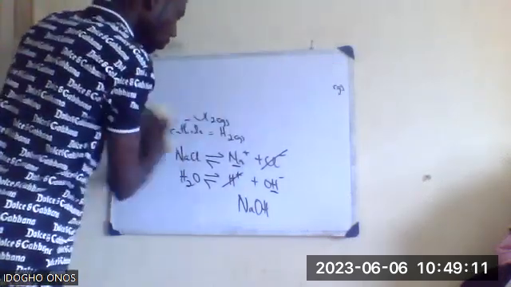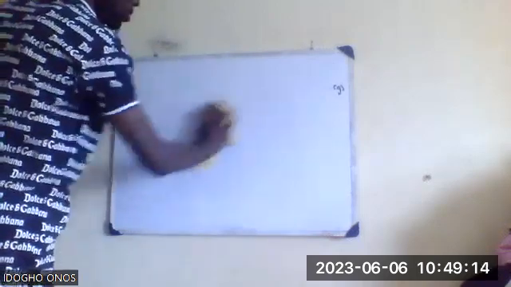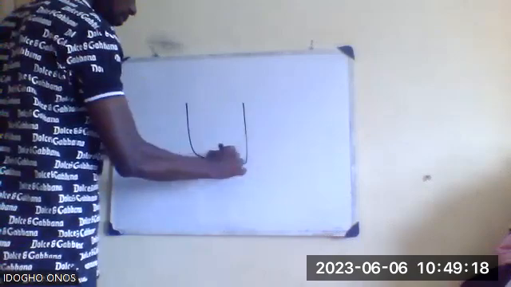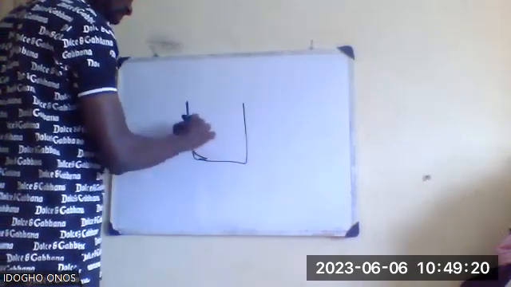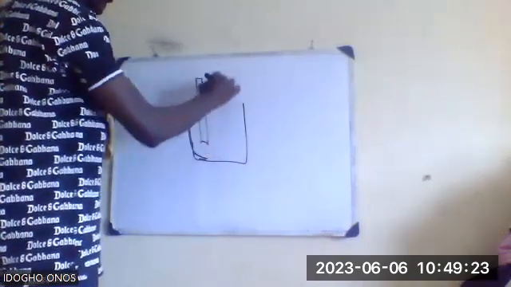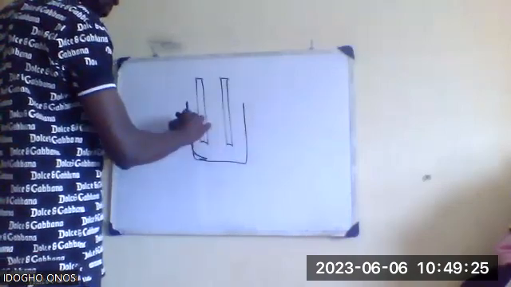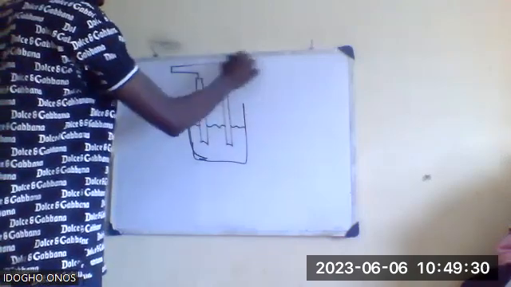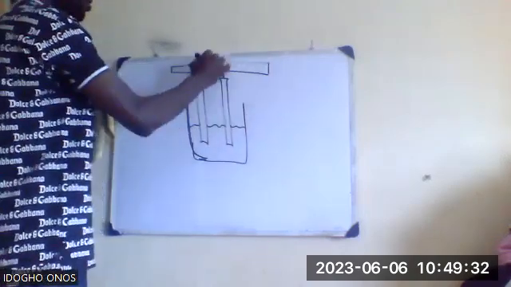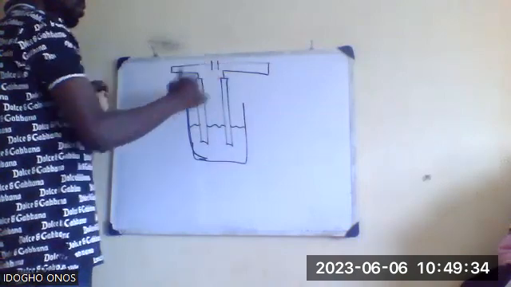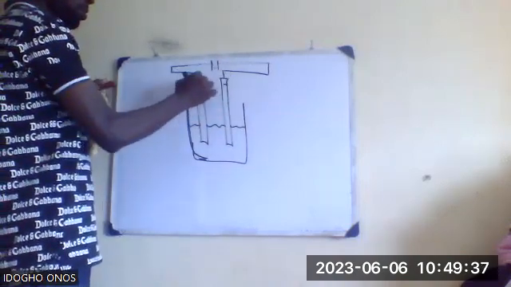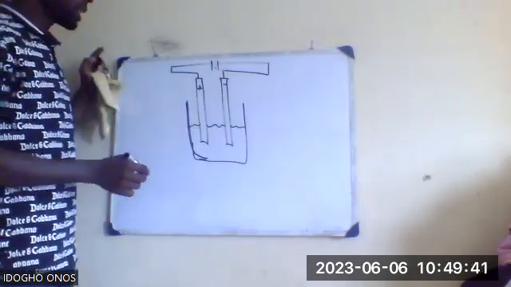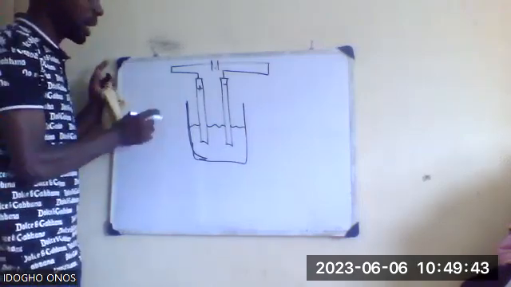Now, if you want to draw the diagram of this, you have something like this. If this is plus, this is minus, and then the direction of flow, I explained this yesterday, the current enters the electrolyte through the anode.